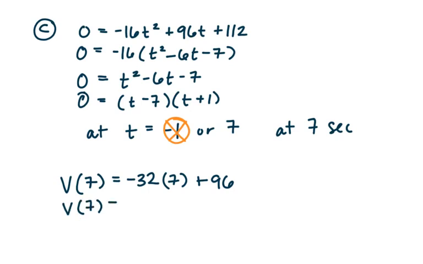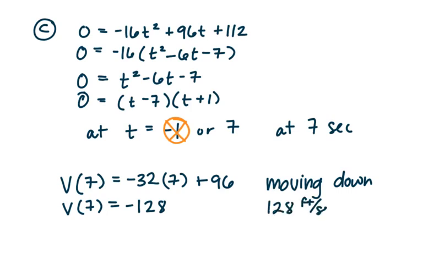So V of 7 equals negative 128. And what this tells me is that it is moving down 128 feet per second at t equals 7 seconds.